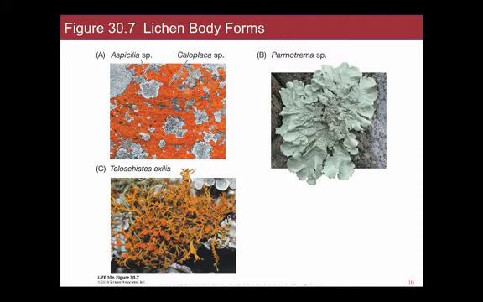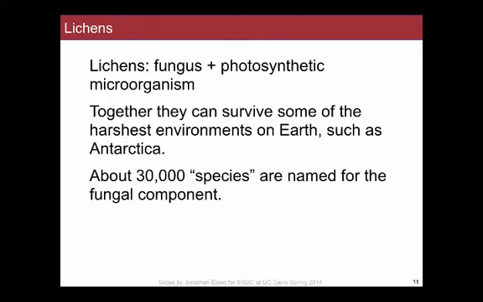And sometimes the photosynthetic partner is a bacterium, usually a cyanobacterium. And there are also other microbes that are sometimes involved in lichen symbioses that are not photosynthetic. But the key mutualism is between a fungus and a photoautotrophic other microbe.